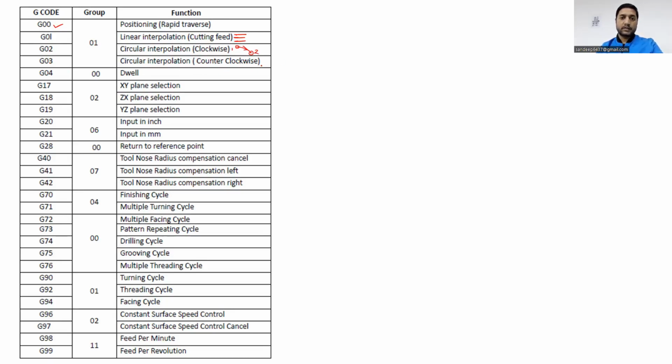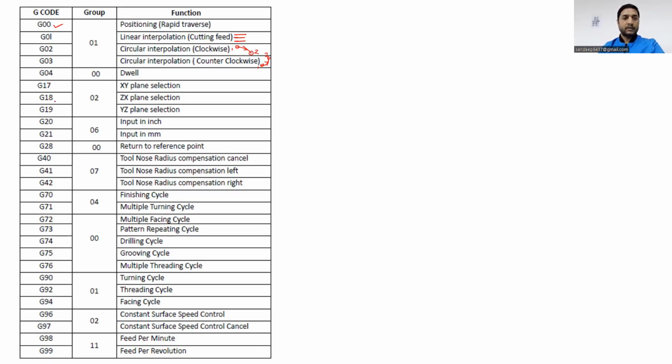Let us reverse the position: this is point number 1, this is point number 2, and we are moving in a counterclockwise direction. So we will use the G03 code here. Next, we have G04, which is dwell. Here, there will be no motion of the cutting tool.